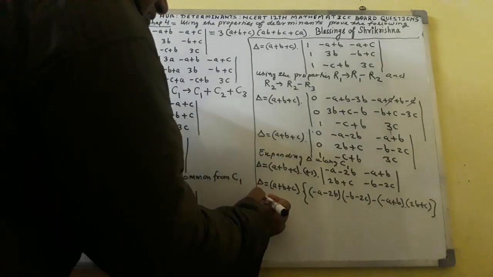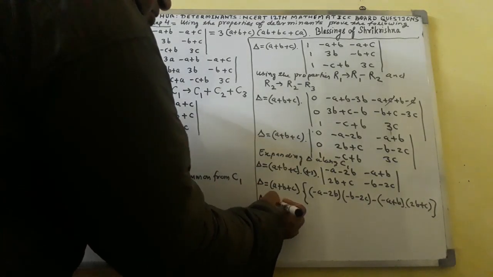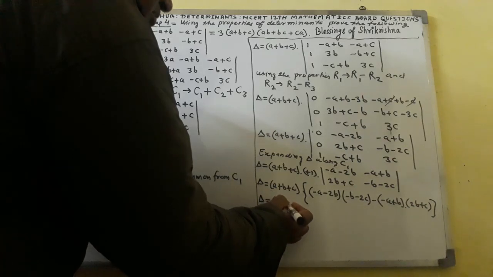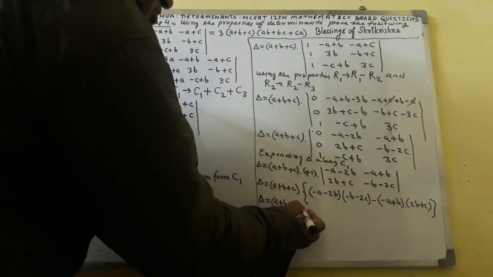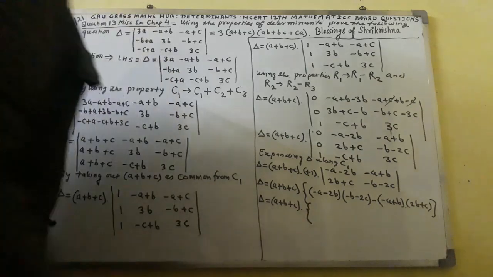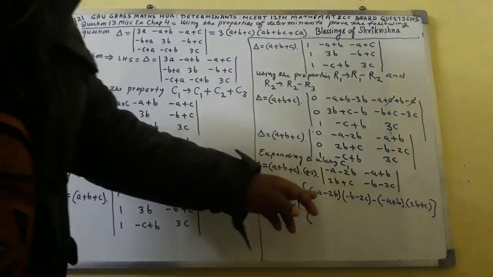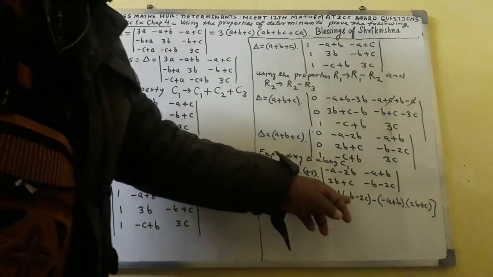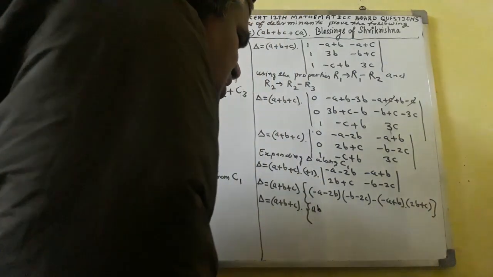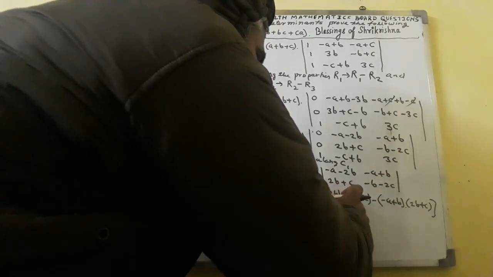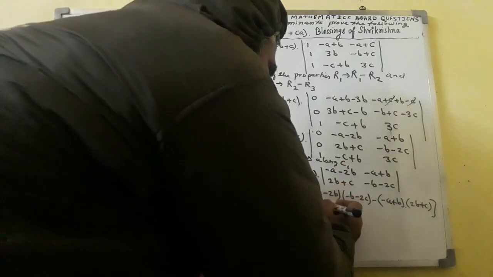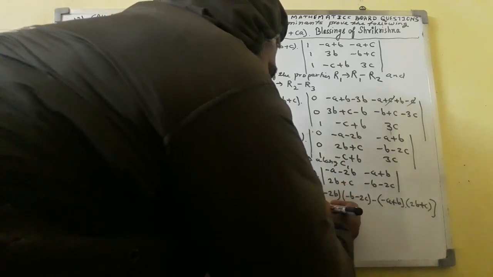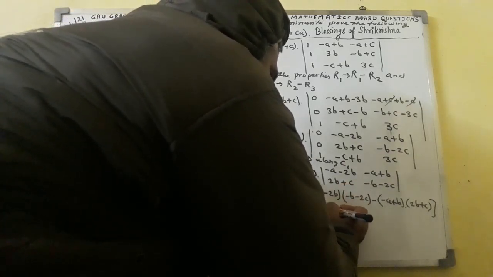You will get that equal to A plus B plus C, curly bracket open, minus A will multiply to minus B, comes out to here AB, and minus 2B will multiply to minus B, comes out to here plus 2B square.